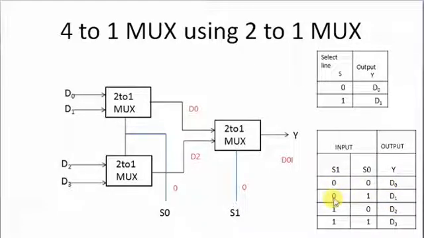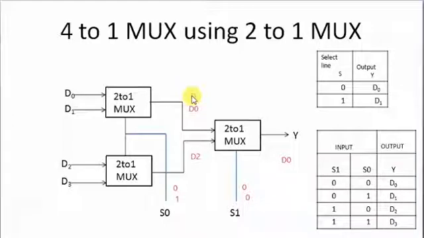And now we will see for S1 is 0 and S0 is 1. So you can see that when S0 is 1, the second input D1 from here and D3 from here will be selected as output for these MUX.